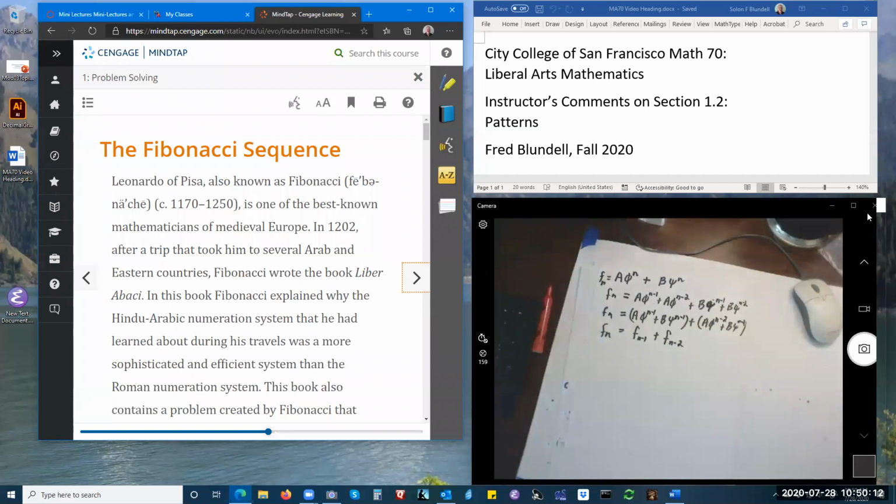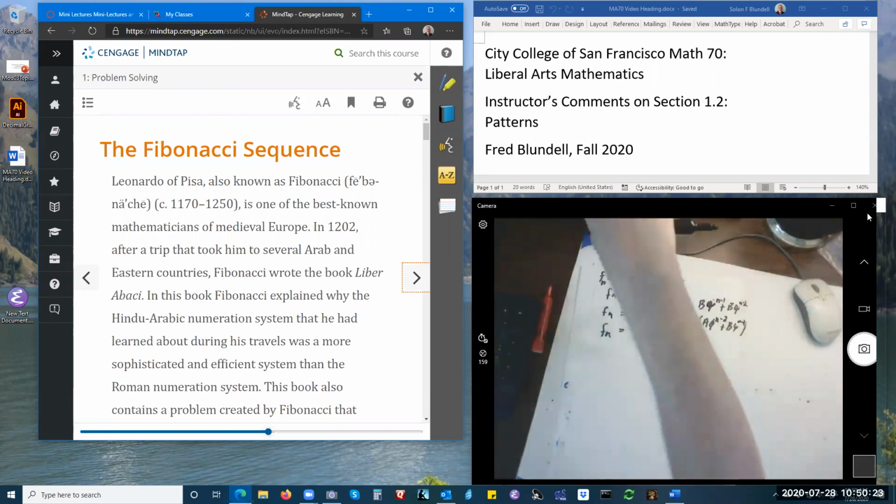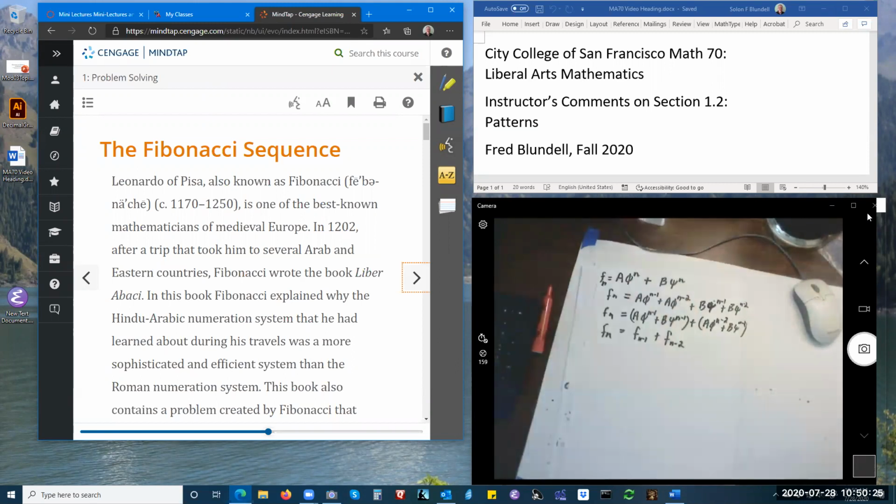So I've got, no matter what A I pick or what B I pick, if this is how I make my nth number, then I'm making my nth number in a way that satisfies the Fibonacci recurrence relation.